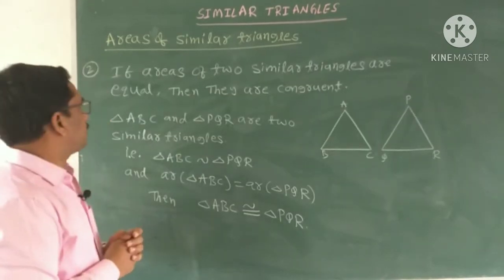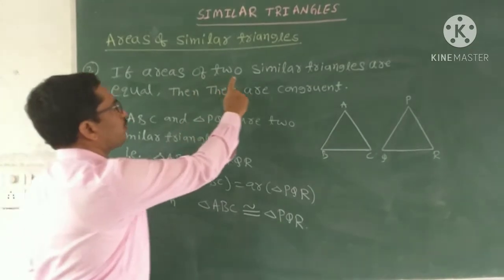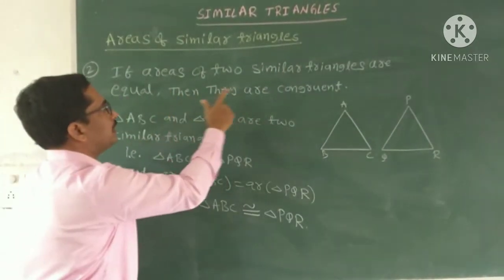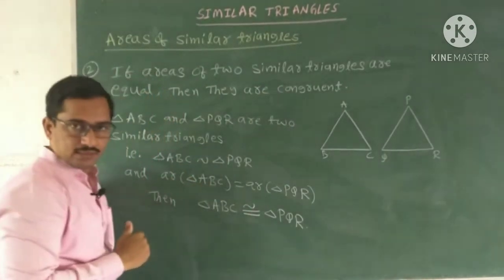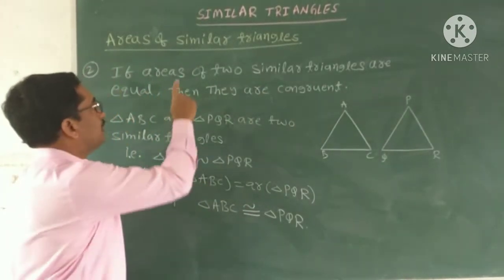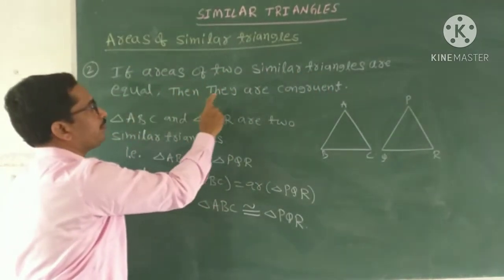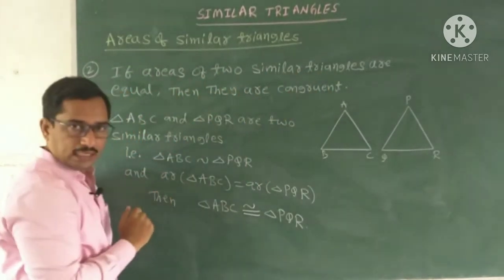Now see the second point. If the areas of two similar triangles are equal, then they are congruent triangles. See once again, if the areas of two similar triangles are equal, then they are congruent triangles.